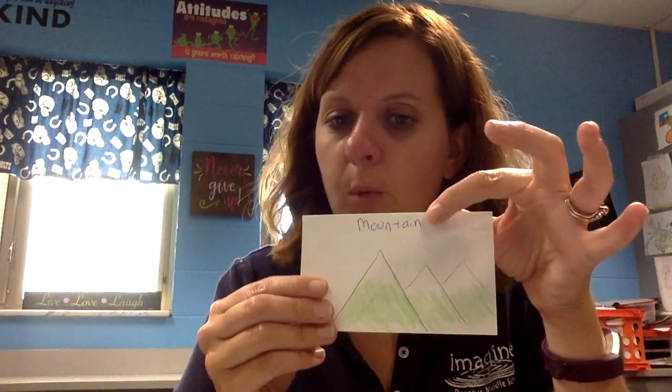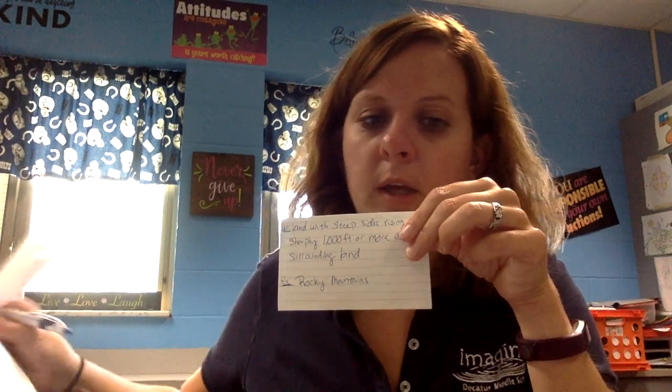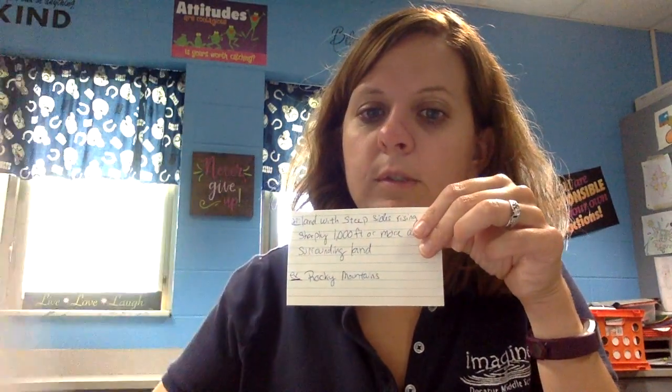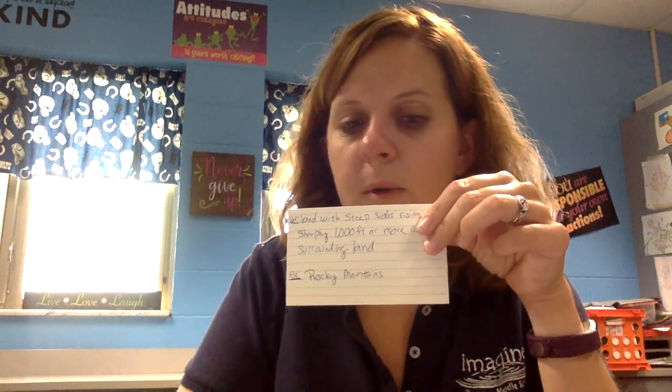So we will go through and make sure that you have all 4 parts. The 4 parts again are the vocab word at the top with the picture underneath. On the back, you have the definition that I got from my geography notes, and you have an example. My example is the Rocky Mountains.